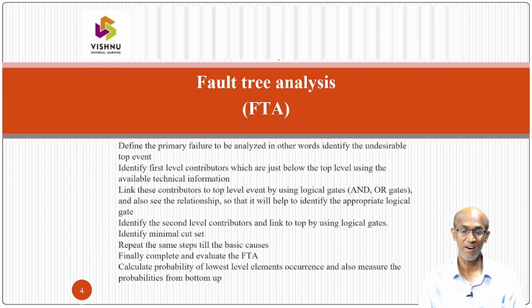Identify the second level contributors and link to the top by using the logical gates. Identify minimal cut set. Repeat the same steps until the basic causes. Finally, complete and evaluate the FTA. Calculate the probability of lowest level elements' occurrence and also measure the probabilities from bottom up to top.